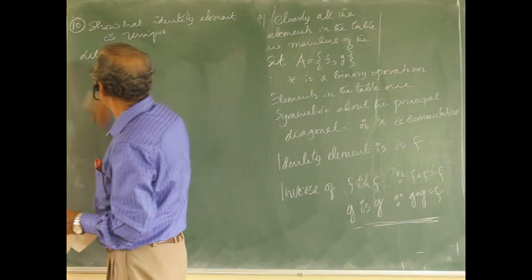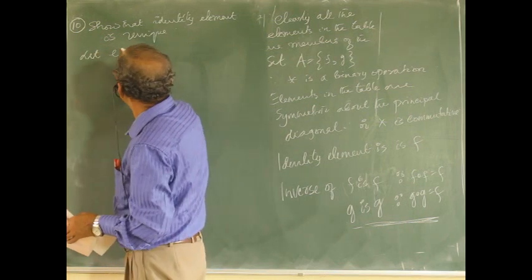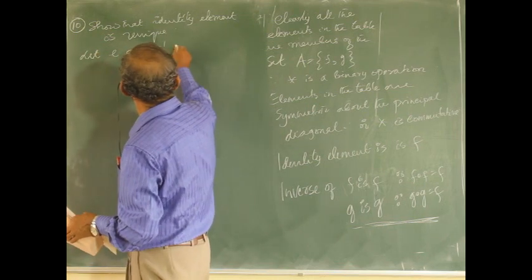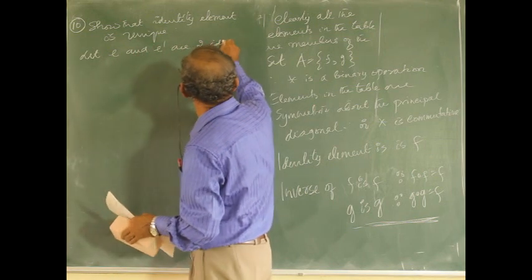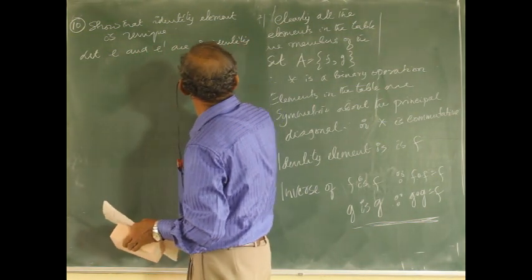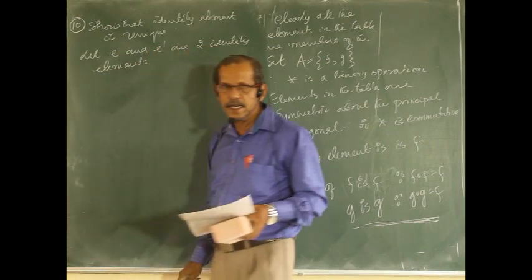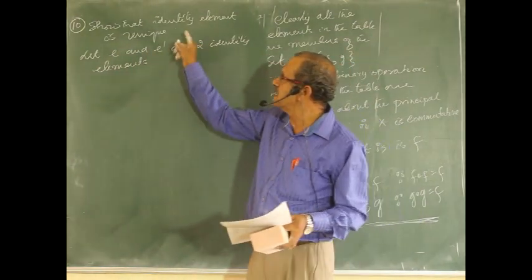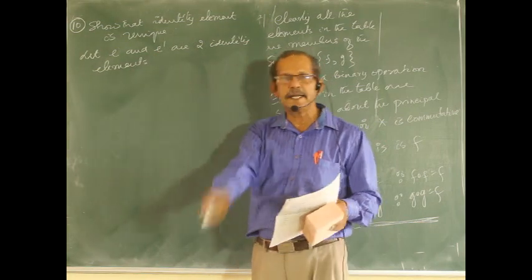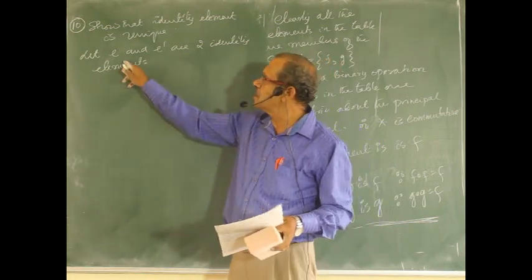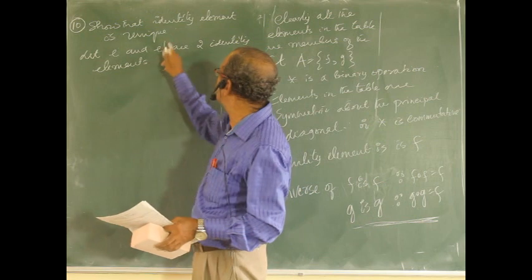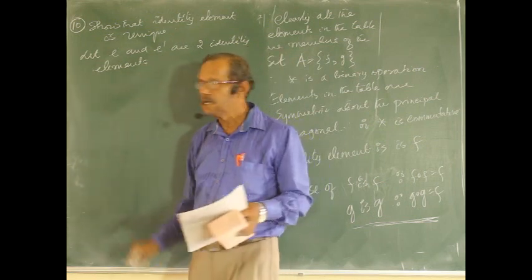Let us prove it by contradictory method. Let E and E dash be two identity elements. Actually, it is not possible. In a single set, there can be only one identity element. But we are proving it by contradictory method. E and E dash are two identity elements.